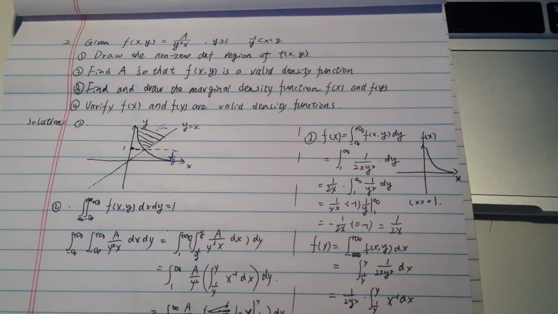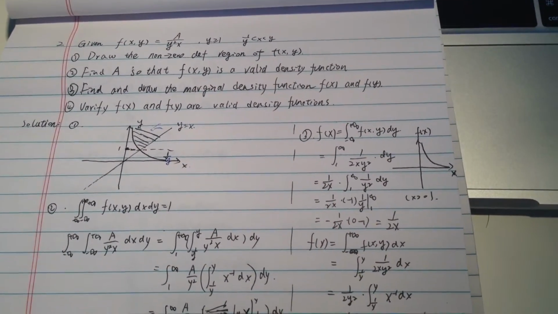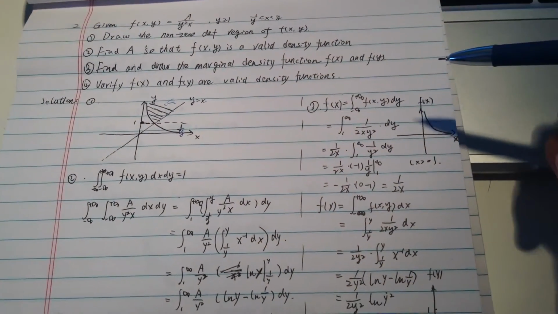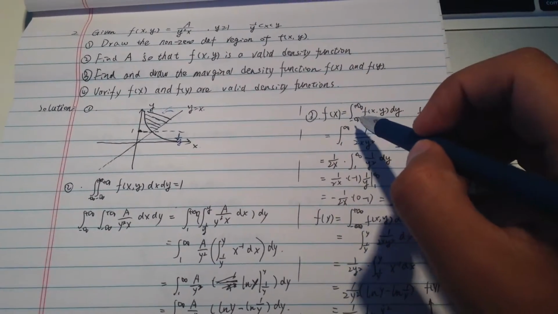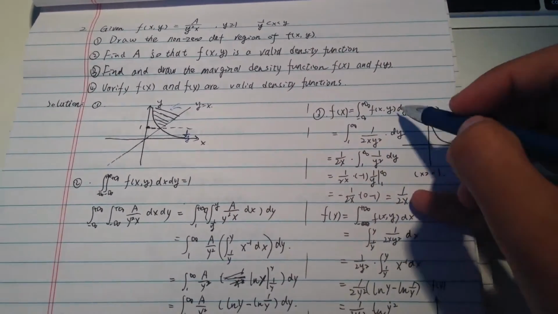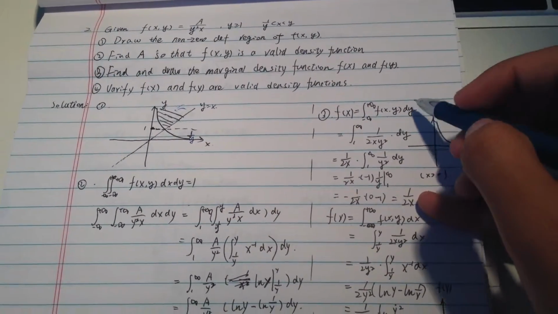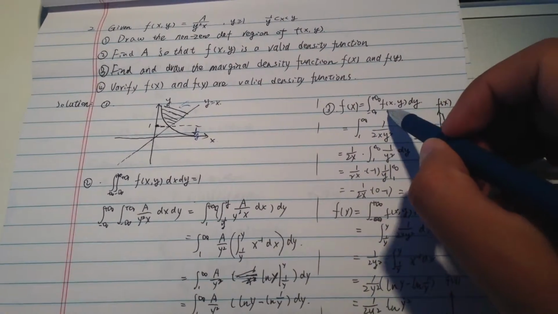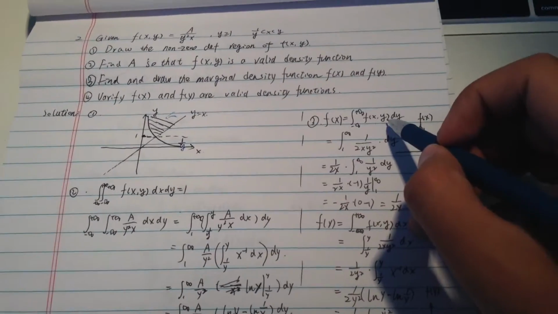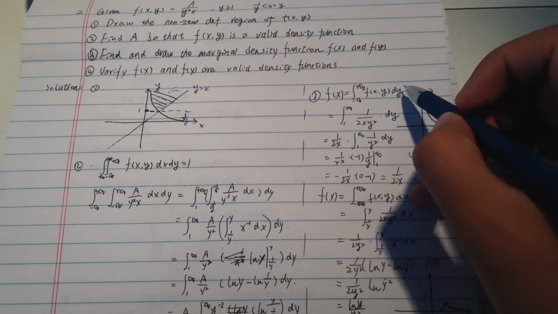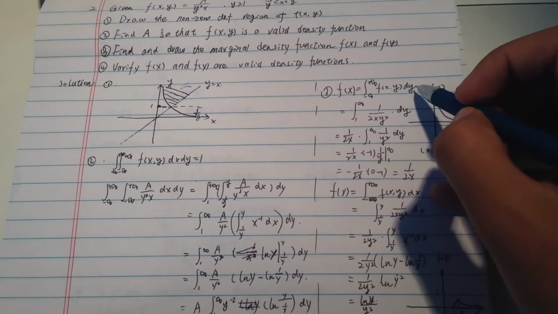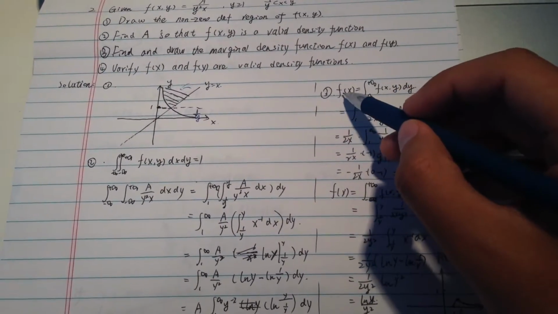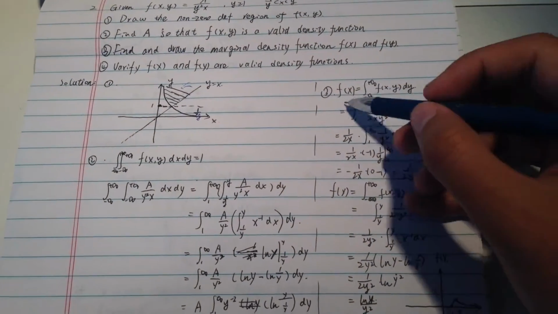In the third question, we need to find and draw the density functions of f_X and f_Y. The marginal density function is made by integrating out the other random variable. So we use the joint PDF and integrate with respect to the random variable y, and we get the PDF of x.